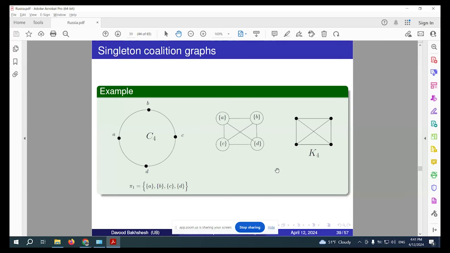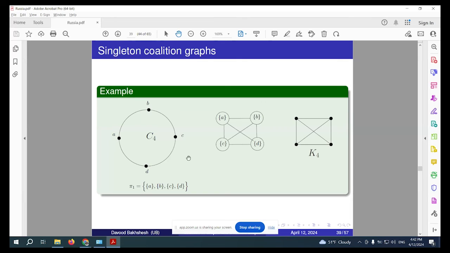For example, the set A forms a coalition with B, D, and C. In general, every set of this partition forms a coalition with the other sets. Finally, we conclude that the coalition graph of this graph with this partition is the graph K4. Since this partition is a singleton partition, K4 is the SC graph of C4, or the singleton coalition graph of C4.